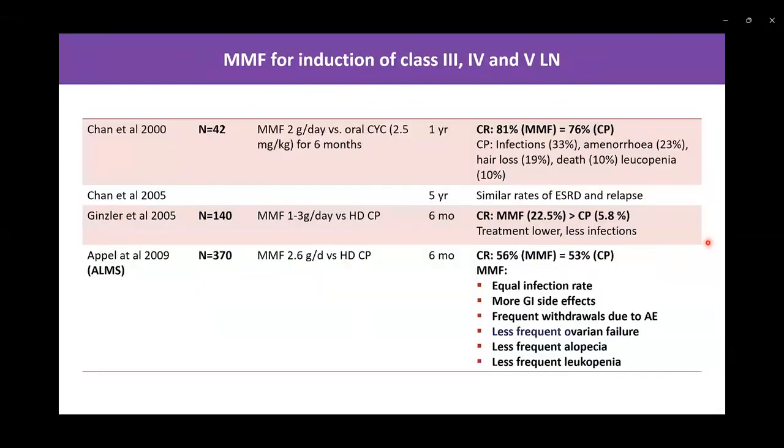A series of trials, including the ALMS trial, focused on comparing MMF to high-dose cyclophosphamide subsequently, and it showed the non-inferiority of MMF to high-dose cyclophosphamide with lower rates of adverse events, with almost an equal infectious complication rate.